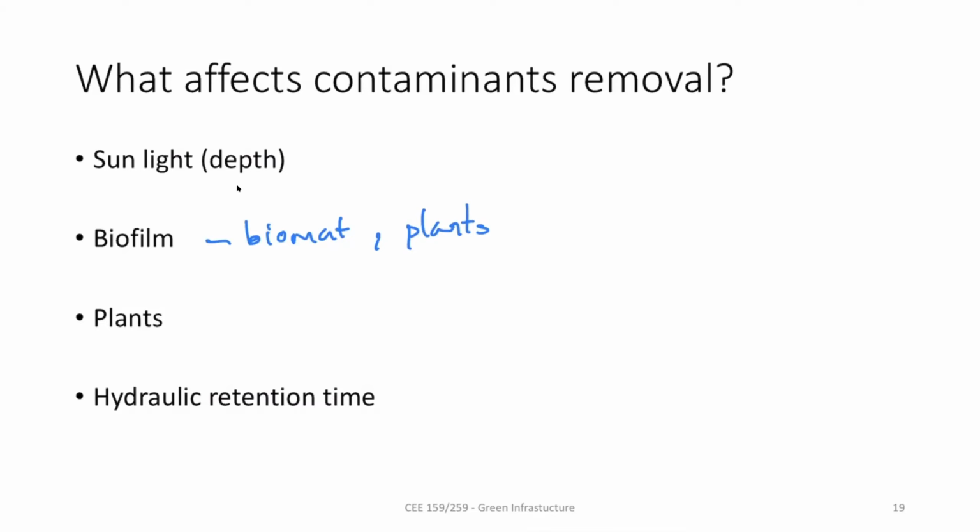So that's how biofilm becomes healthy. But if you have no plants, there will be very little biofilm. And for the plant, the controls are density and depth of root. So these are the processes you can think of.